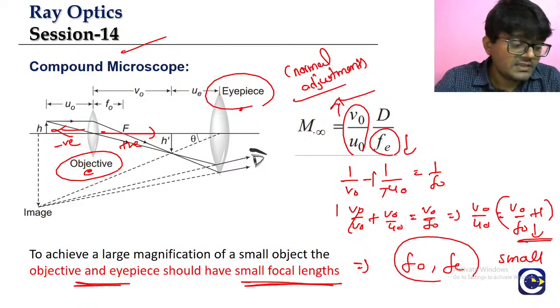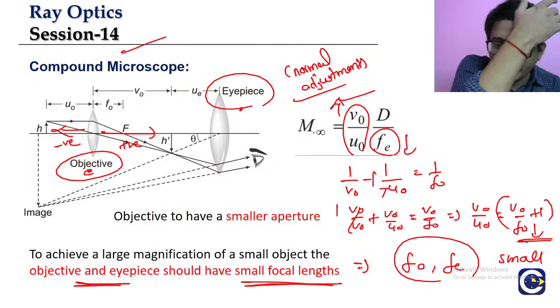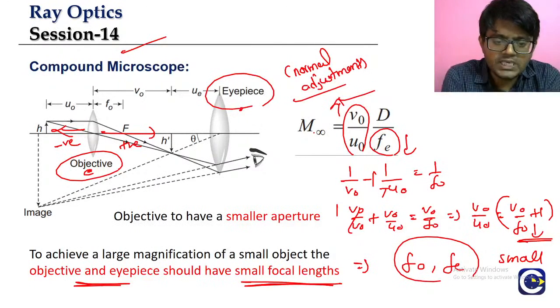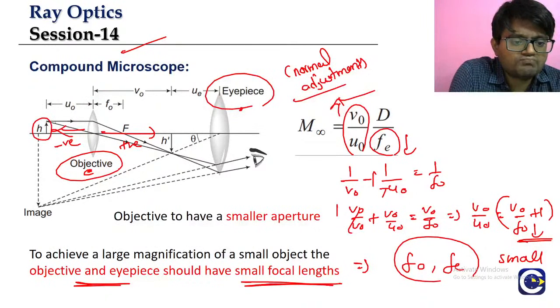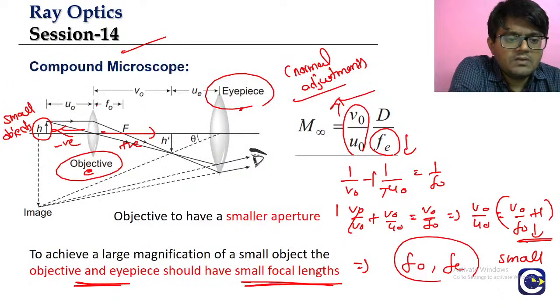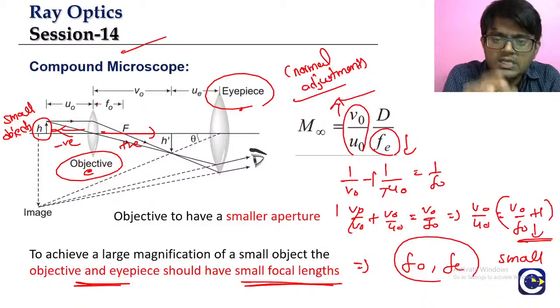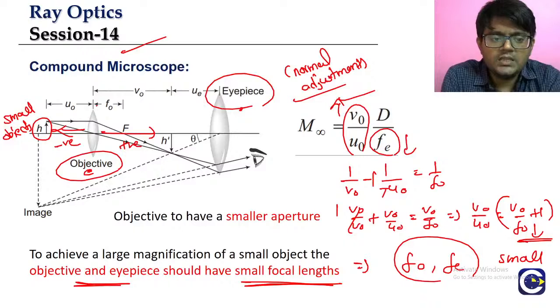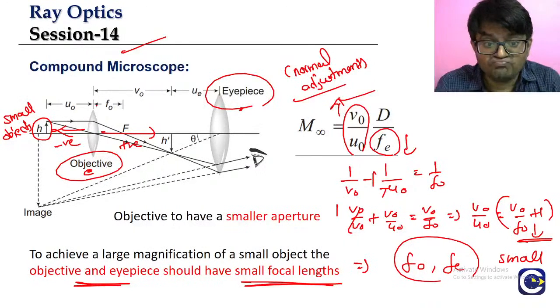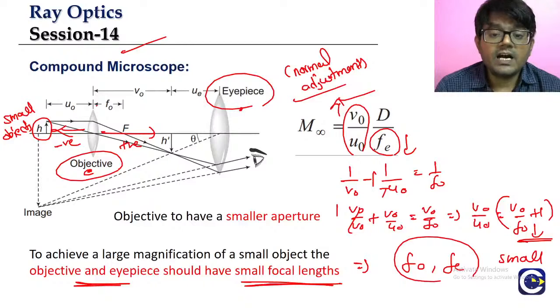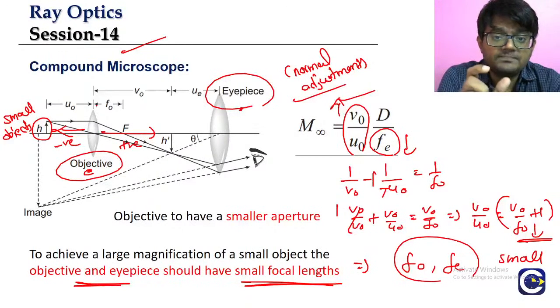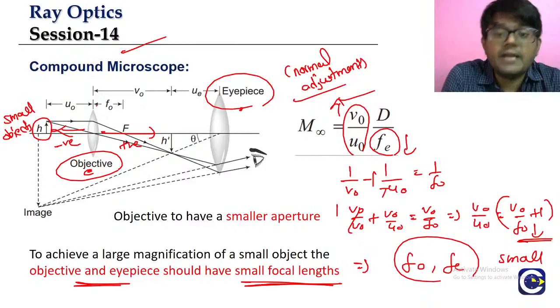That is one. The second thing is the objective, which we are keeping close to the object. A microscope is for seeing small objects, and here we have a small object. We want to keep the objective very close to the object, which means we need an aperture small enough so that we will not have aberrations.